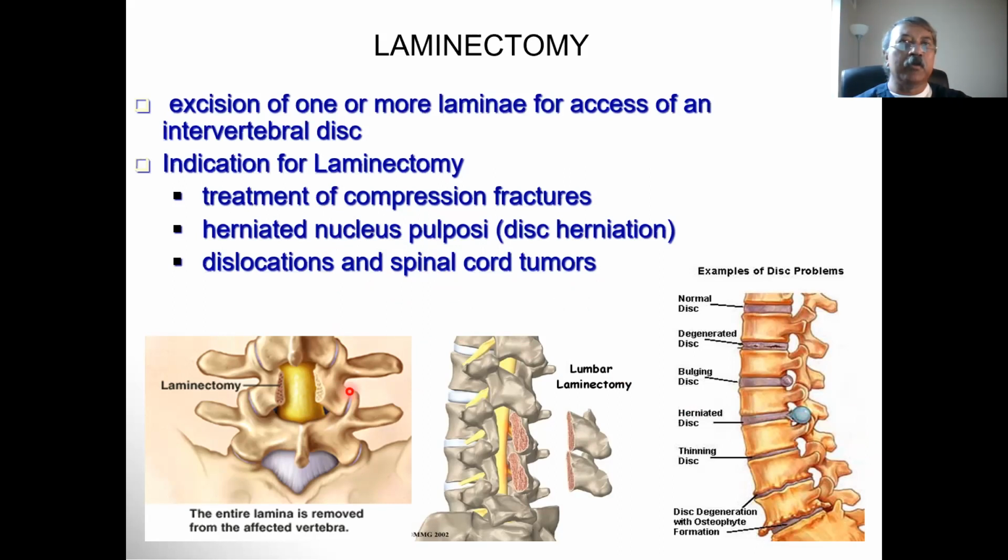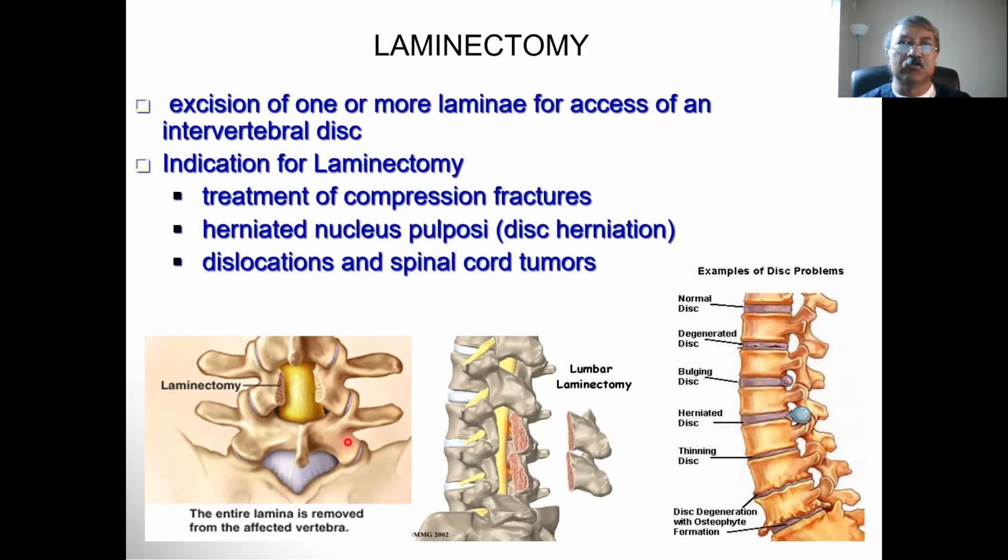Now, you're going to say, okay, we remove this bone, now this area is becoming very, very unstable. True. That is why after the laminectomy is done for more than one level, we put bone graft in this area after the disc is removed, and fuse it using plates and screws.